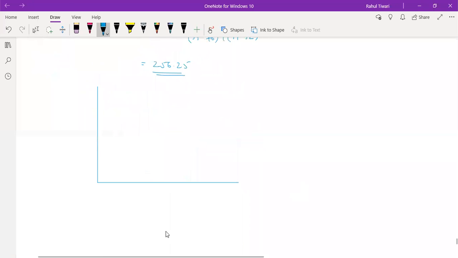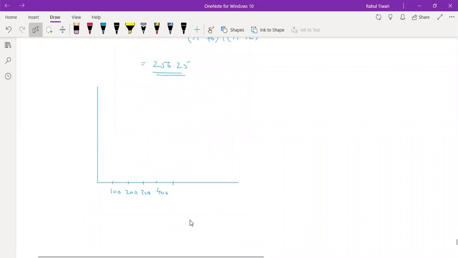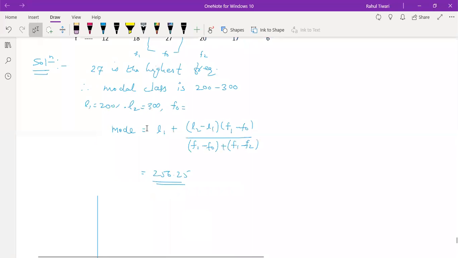So 0 to 100, 100 to 200, 200 to 300, 300 to 400, 400 to 500. Similarly we have the frequency, so we can draw the frequency axis.